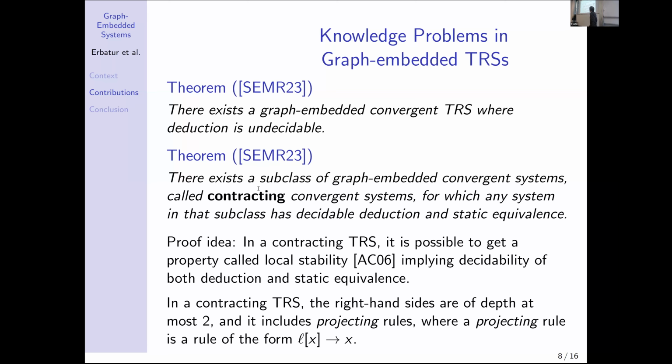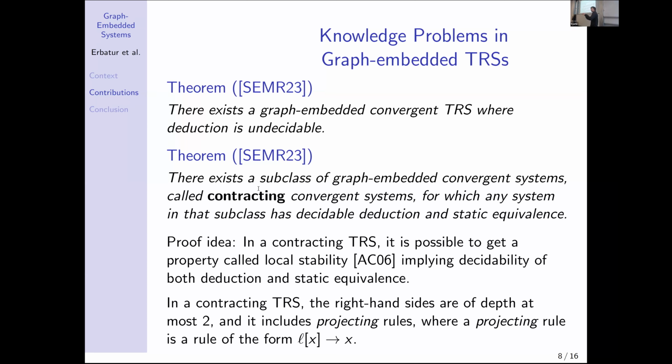To be a bit more precise, a contracting term rewrite system is a term rewrite system obtained by applying the rule schema following a given strategy, and where we also consider additional projecting rules. So what is a projecting rule? It's a rule where you have a left-hand side term containing a variable, leading to a variable as the right-hand side.